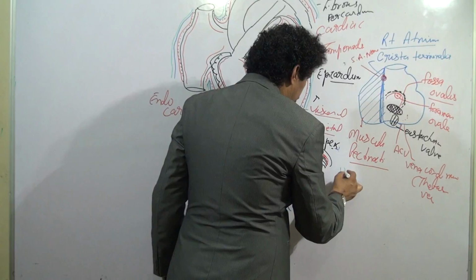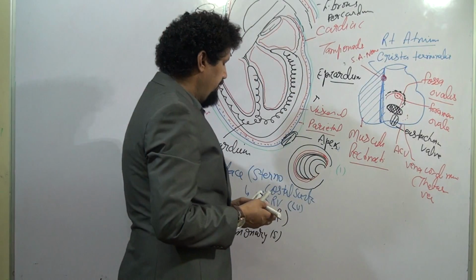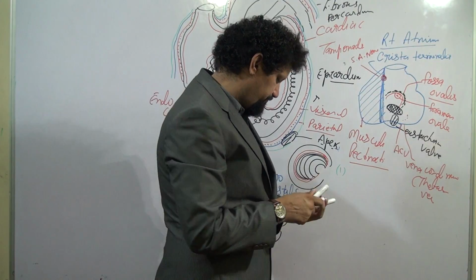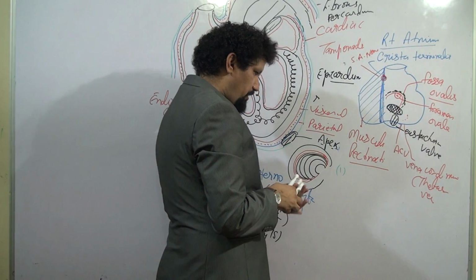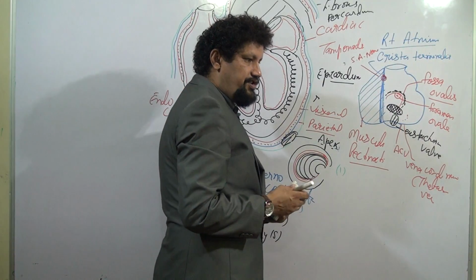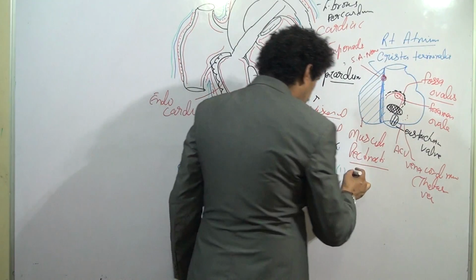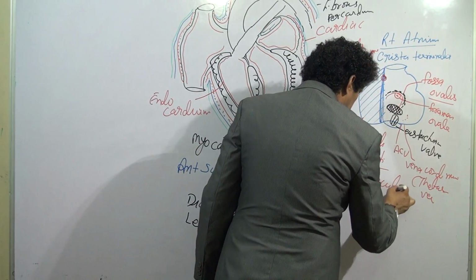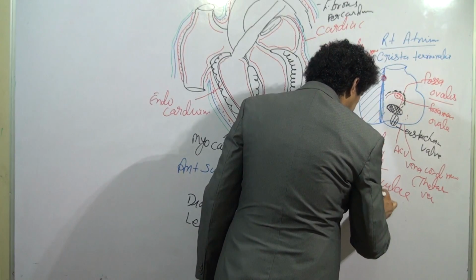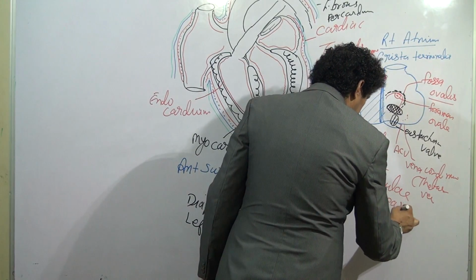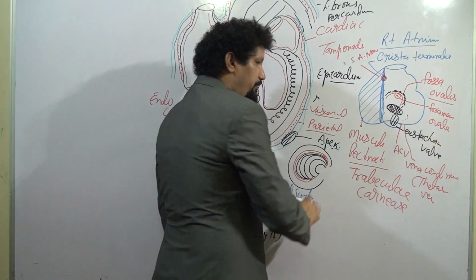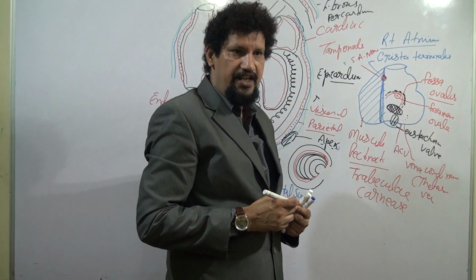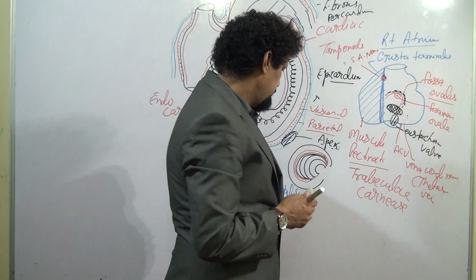These are known as the chordae tendineae. These are known as trabeculae carneae. There are three types of fibers in the trabeculae carneae: the ridges, the bridges, and the papillary muscles.